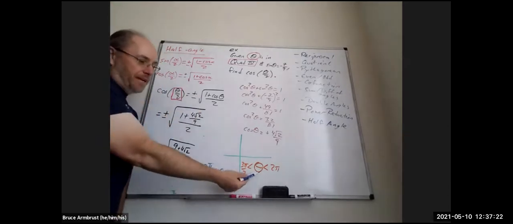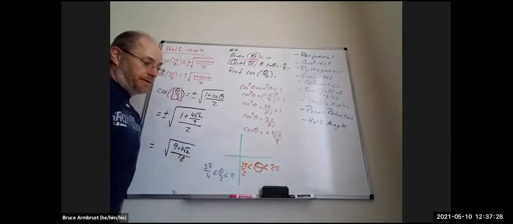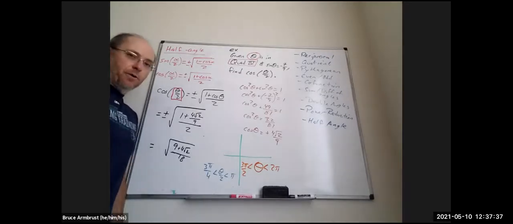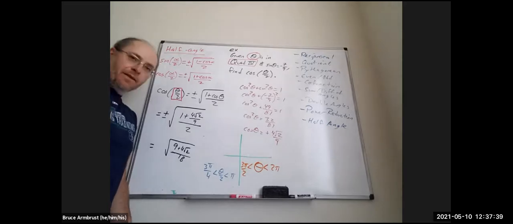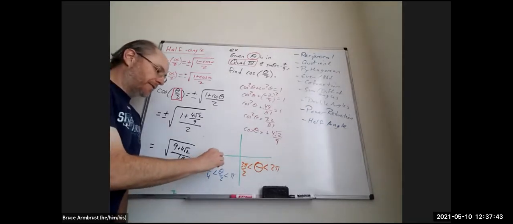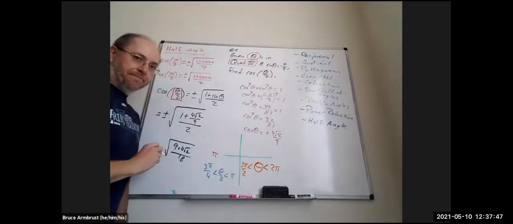So theta being in quadrant 4 gives me this, which tells me theta over 2 is between 3 pi over 4 and pi. So let's think about where those are. Pi, of course, is right here. Where's 3 pi over 4?